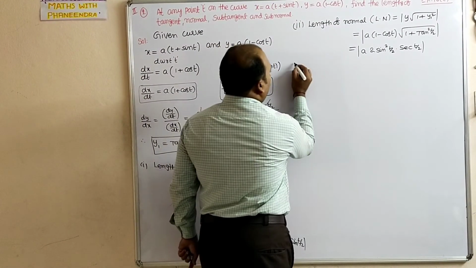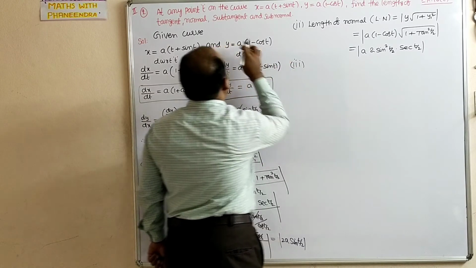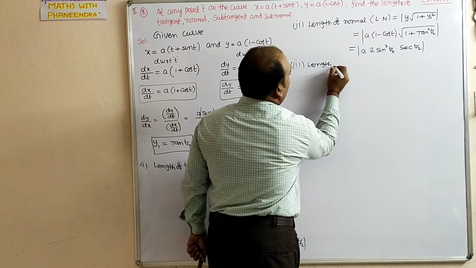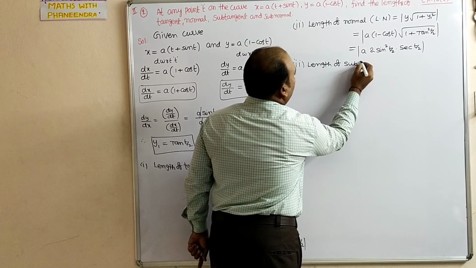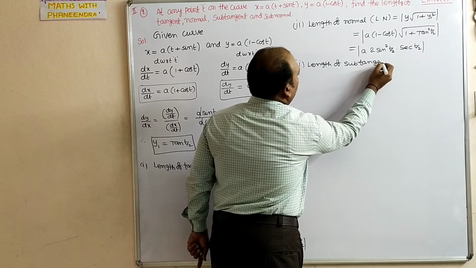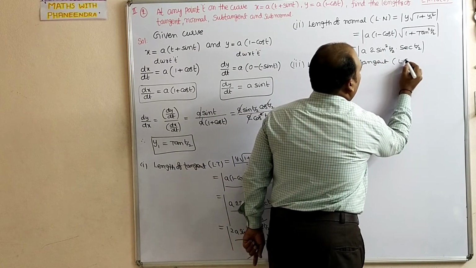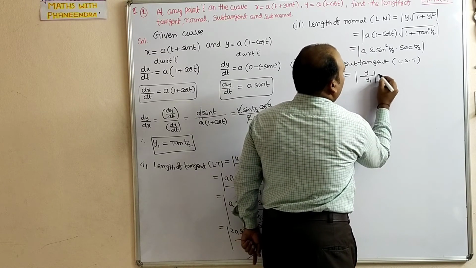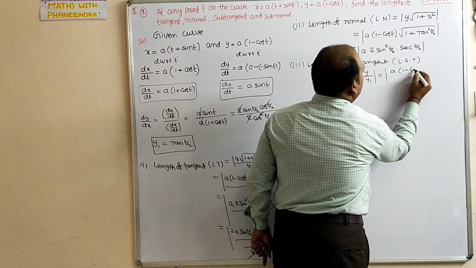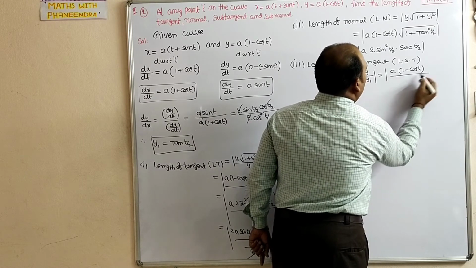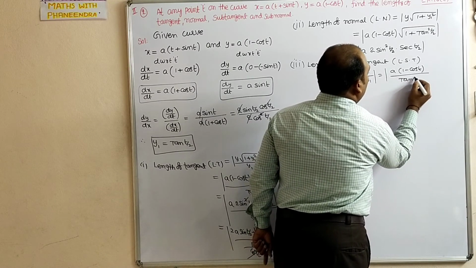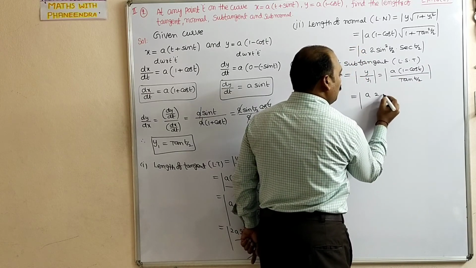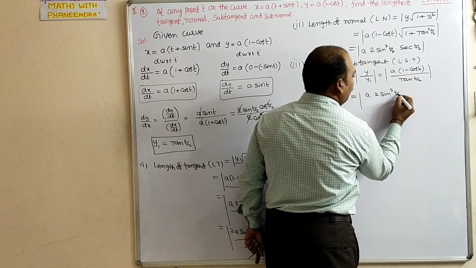So the third one, length of subtangent, LST, is mod y by y1. The y value is a into 1 minus cos t, divided by the y1 value, tan t by 2. So mod a into 2 sin square t by 2.